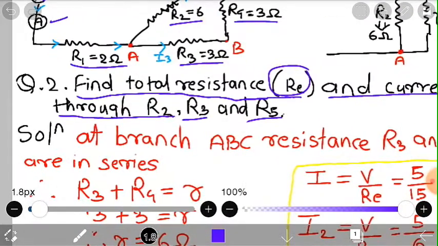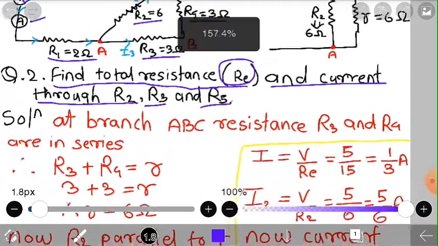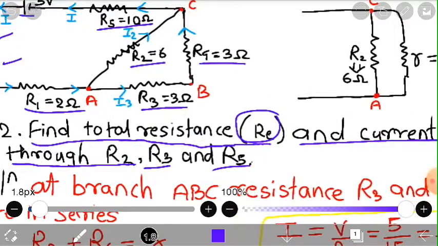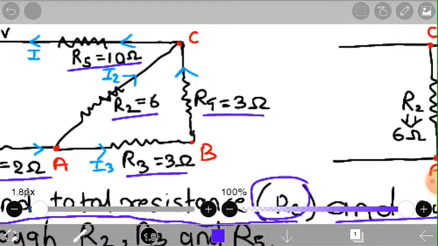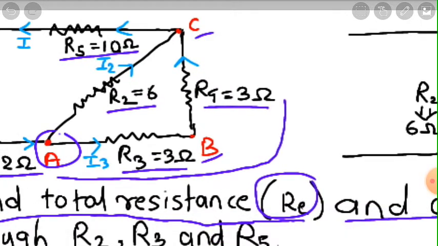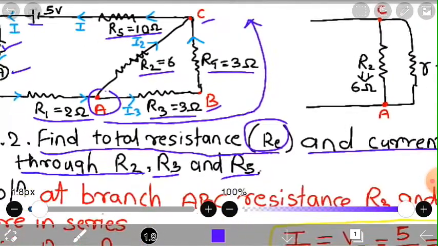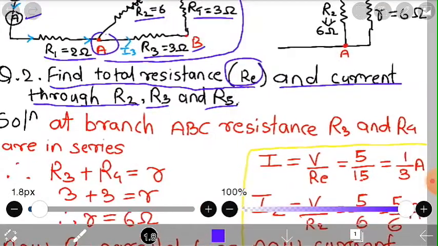Now in this question we have to find the total resistance Re. Therefore, let's find it. So in the solution we can write, at branch ABC resistances R3 and R4 are in series. At branch ABC, you will see here points A, B and C, it means this branch, this wire. So at this branch, R3 and R4 are in series.